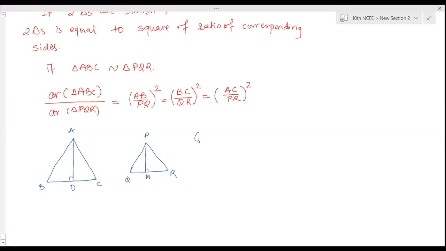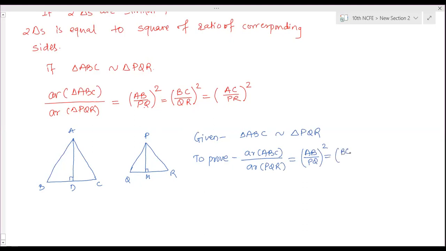So what is given? Triangle ABC is similar to triangle PQR is given. What we have to prove is area of ABC by area of PQR is equal to AB by PQ whole square, is equal to BC by QR whole square, is equal to AC by PR whole square.